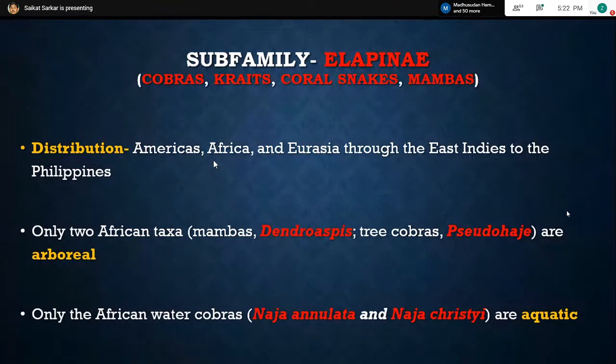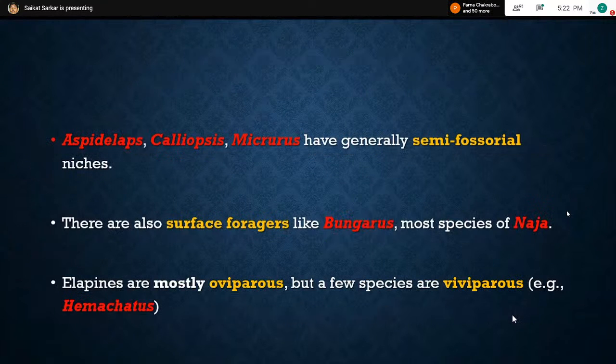Only two African taxa, that is Dendroaspis and Pseudohaje, are arboreal. It is talking about their habitat or niche, maybe. These two have an arboreal niche, and there are two water cobras, which are aquatic, of course, and some that are semi-fossorial.